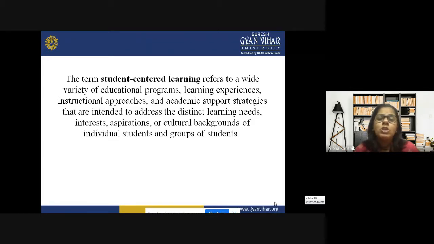Aspirations or cultural background of individual students and groups of students: it satisfies students from any culture, and student-centered learning will help to satisfy their learning. We are not focusing on a specific individual. Every learner's need will be satisfied if the teacher uses student-centered learning approaches in the class.